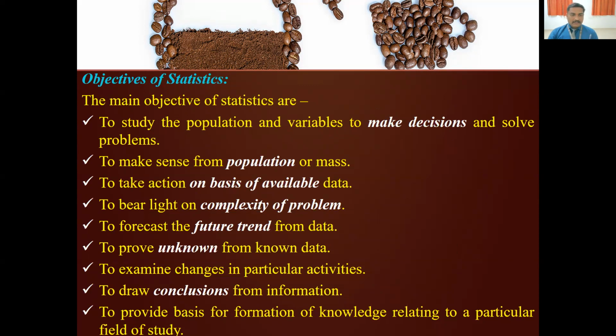Then, to make sense from population or mass. The population used to be very huge in numbers. From that, we'll take some sample, do some analysis, then take a decision. And also to take action on the basis of available data. Sometimes we may not have all the data of the population. We may have some limited numbers of people and their information. How we are able to make a decision by using that, we are going to do through statistics.